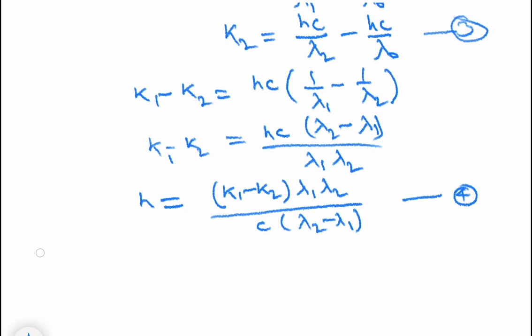Now substituting these values, we get, the photoelectrons maximum energy is given in electron volt. So we will calculate in joule by putting 1 electron volt is equal to 1.6 into 10 to the power minus 19 joule.